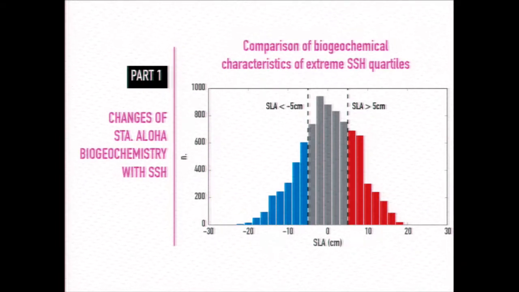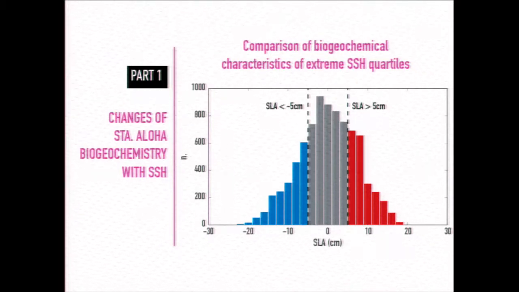It's the comparison of the top and bottom quartiles of the concentration of stocks or abundance of organisms in conditions of high sea surface height, which I will represent in red, those conditions where sea level anomaly was above 5 centimeters, and low sea level anomaly, the bottom quartile where sea level anomaly was below minus 5 centimeters.